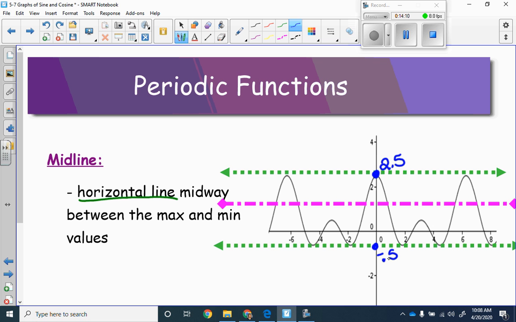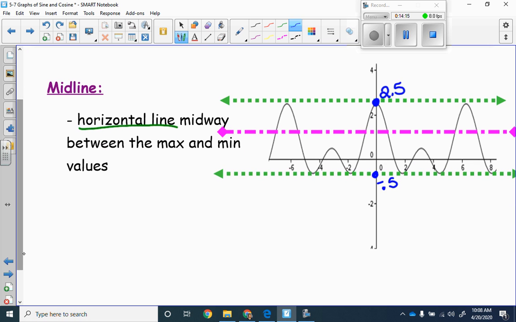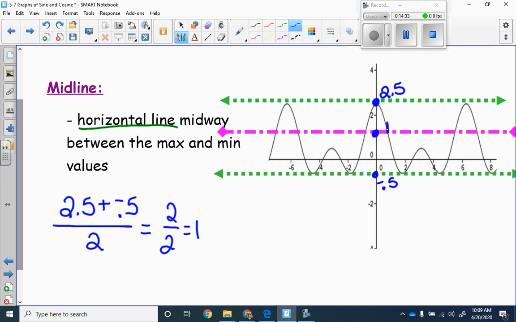How am I going to find the point that's in the middle? If you remember your midpoint formula, 2.5 plus negative 0.5, and then divide that by 2, that gives us 2 divided by 2, which is 1. And so here our midline would be at 1.